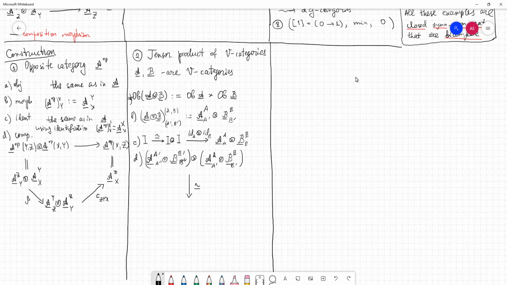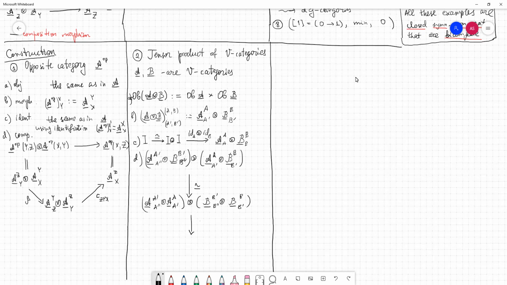We're using a combination of braidings and associators. We get A from A prime to A double prime, tensor A from A to A prime, tensor B from B prime to B double prime, tensor B from B to B prime.